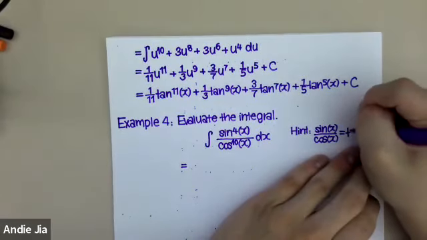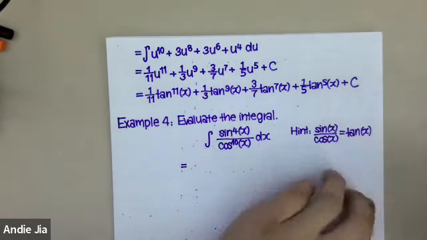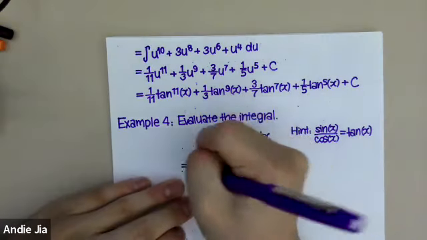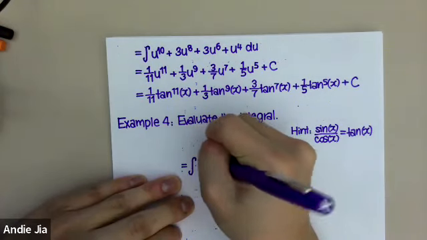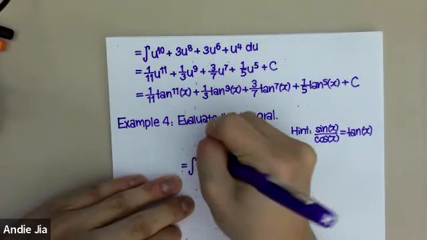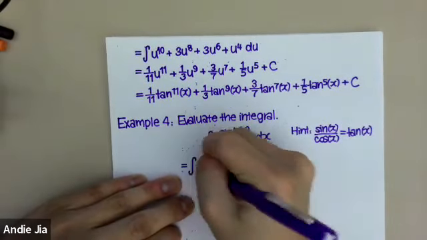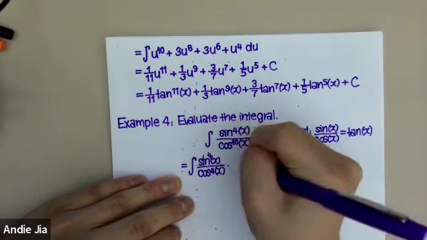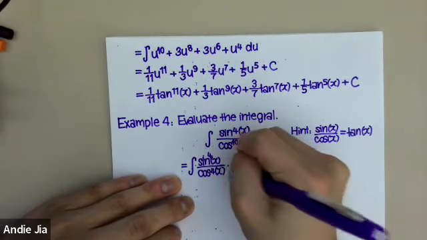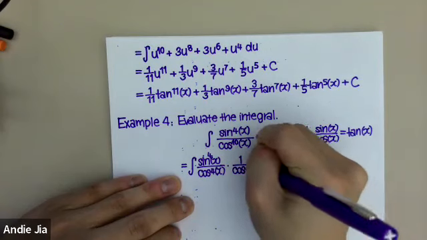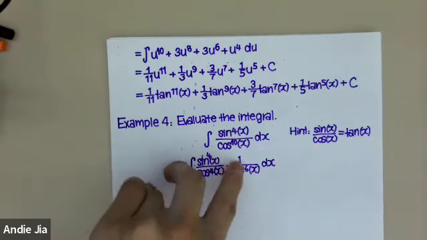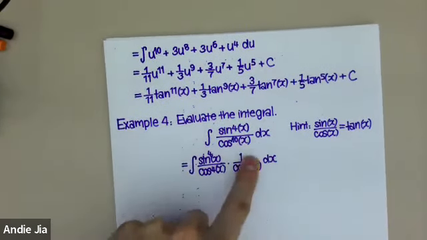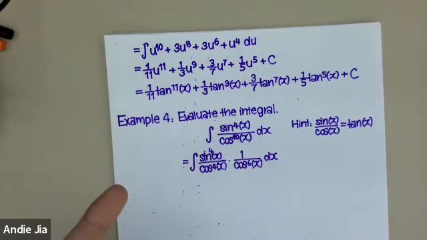With the tangent of x, this is equal to sine x to the fourth over cosine to the fourth x times 1 over cosine to the 6th x dx. This turns into tangent to the 4, and for this we just get secant to the 6.